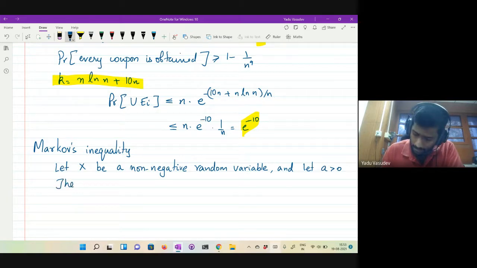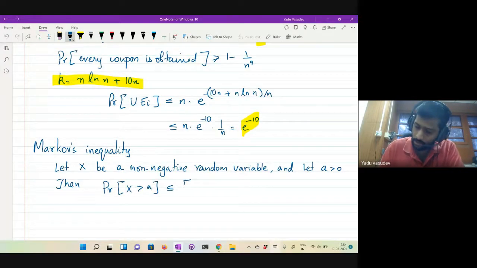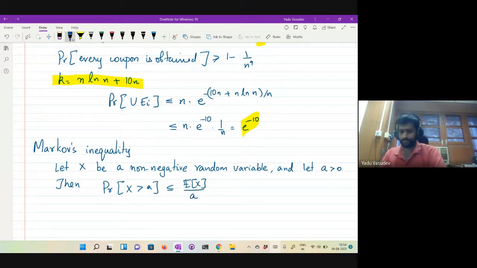Then the probability that x is greater than a is less than or equal to the expectation of x divided by a. So you have a non-negative random variable and a is some number. What is the probability that this random variable will take a value greater than a?